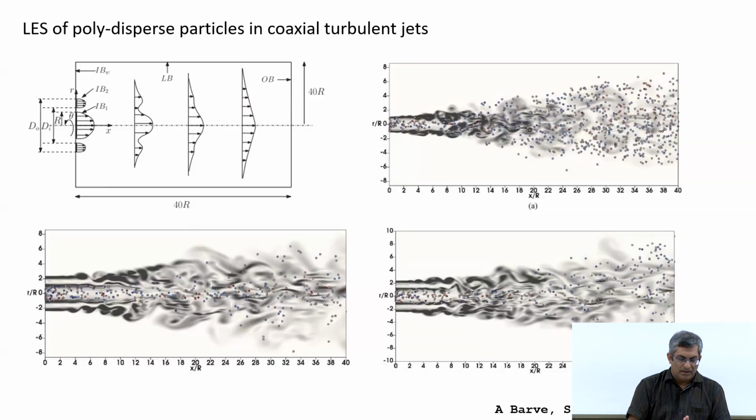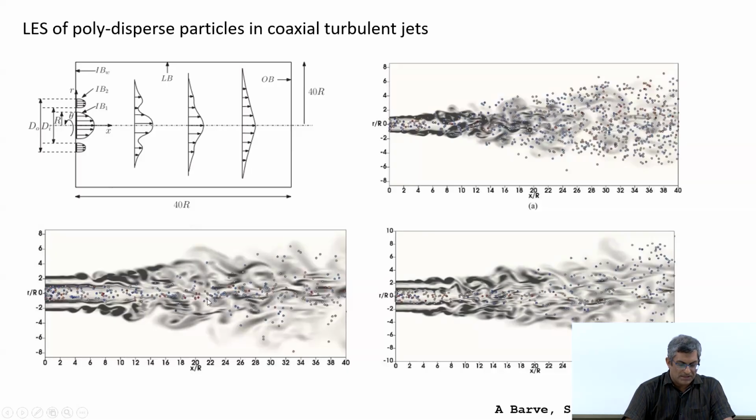Here the idea is to understand the dispersion of particles in this kind of configuration, which is a very relevant configuration to practical injectors which are used in industries. So, you can see here how the dispersion of particles is affected as we change the co-flow velocity ratio.